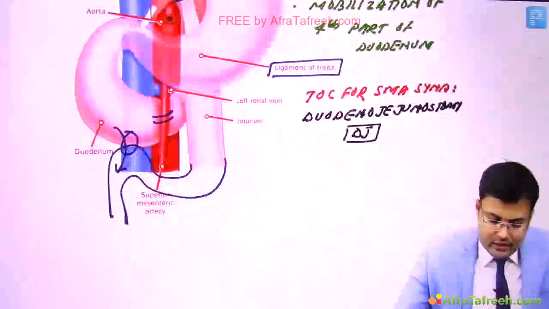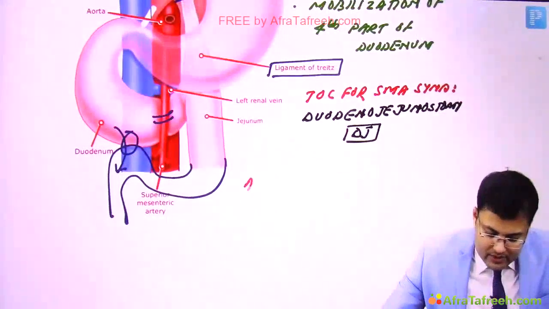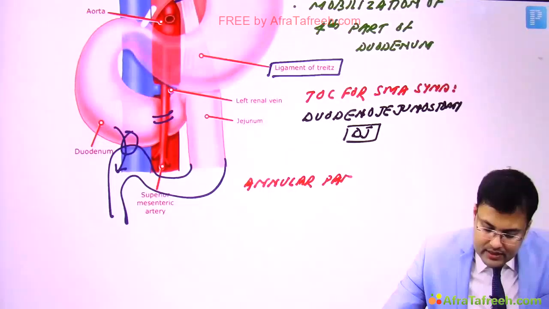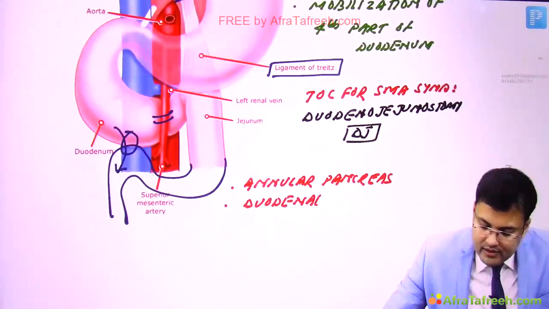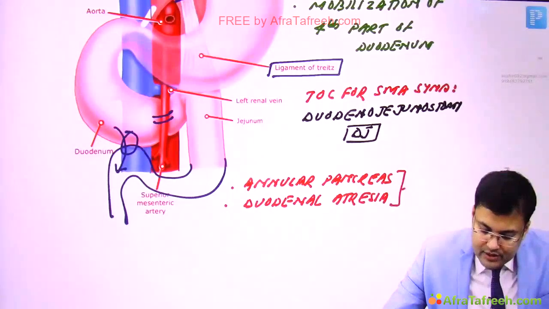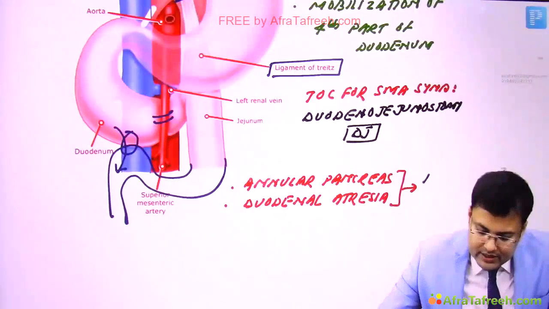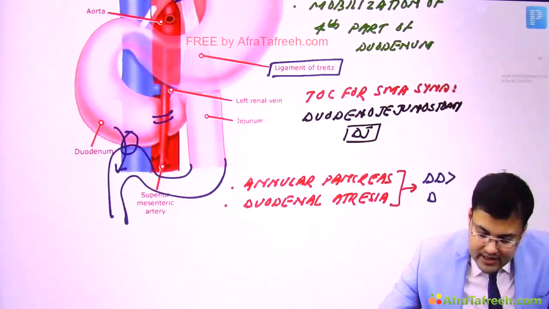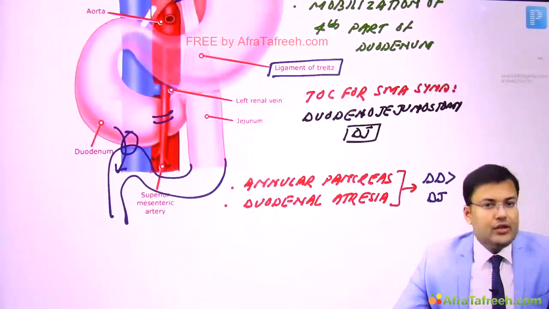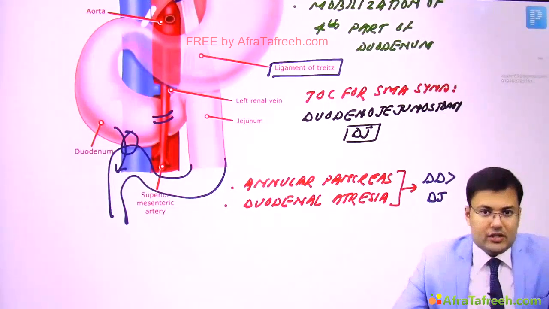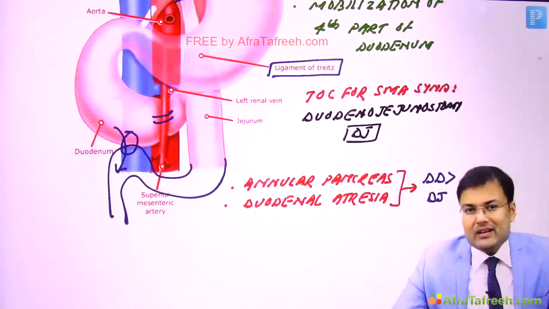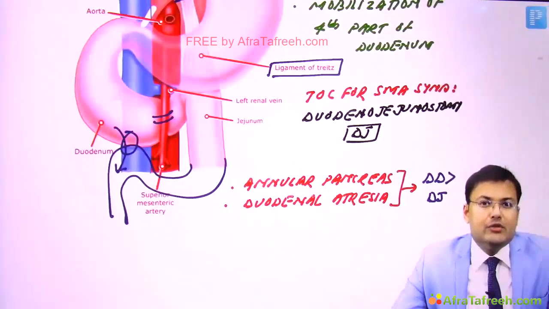So see, for annular pancreas and for duodenal atresia, in both of these cases, the treatment of choice is duodenostomy followed by duodenojejunostomy. But in superior mesenteric artery syndrome, it is the duodenojejunostomy.